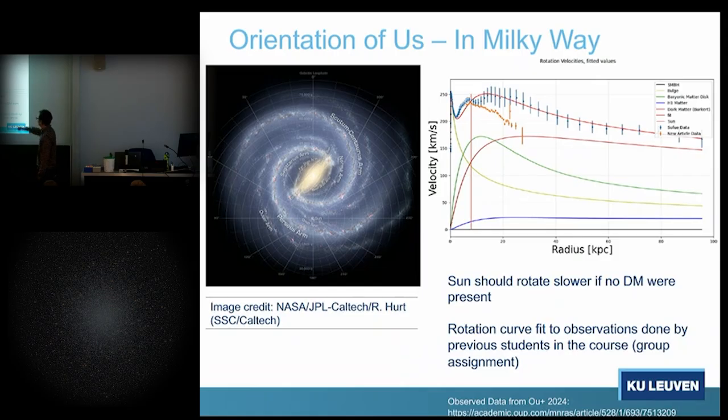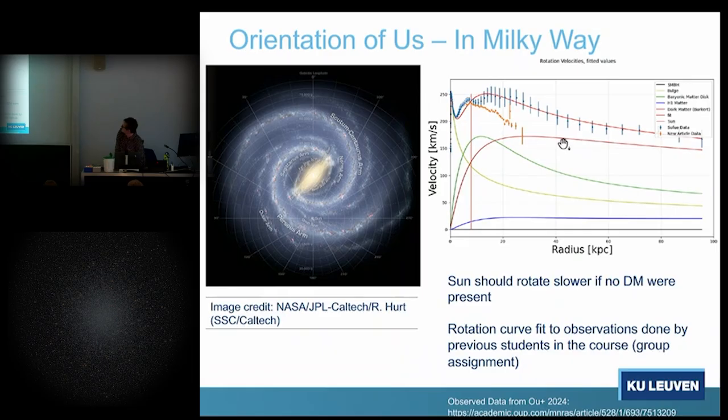This is indicated by this figure, which I took from one of the previous assignments in the course, where you can see observational data and then some fits to the velocity. This is the rotation curve.